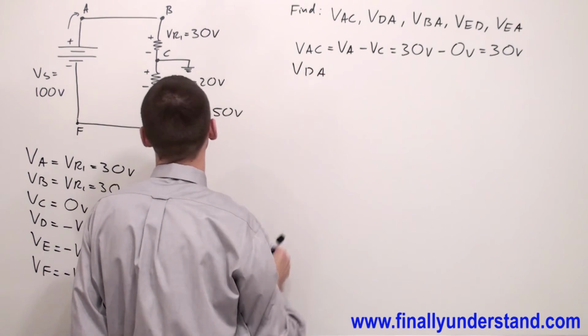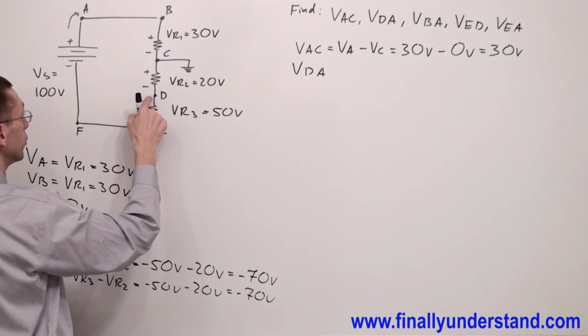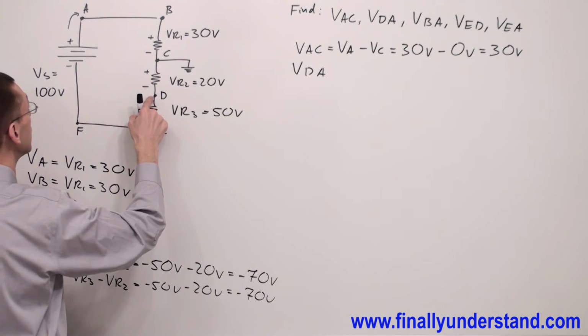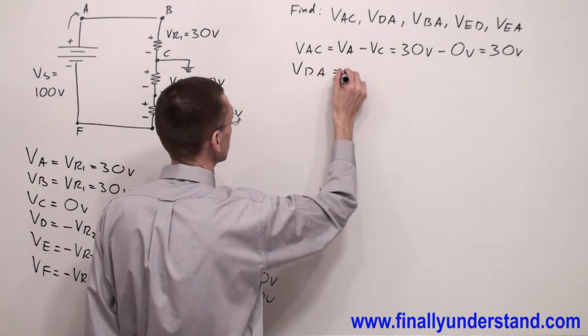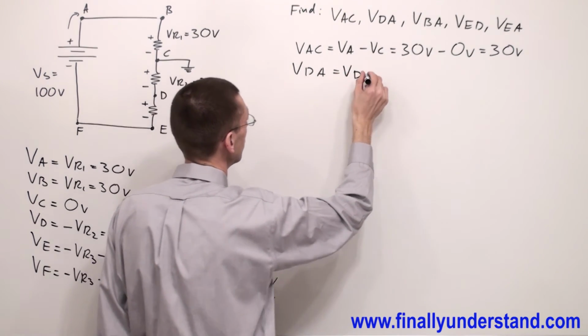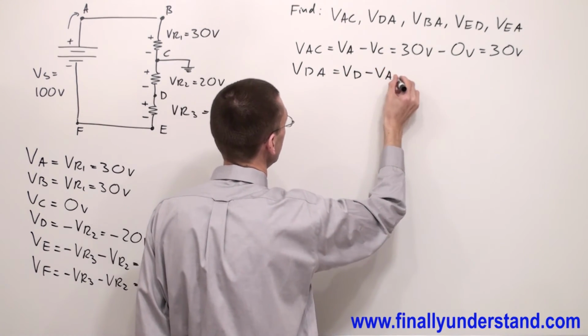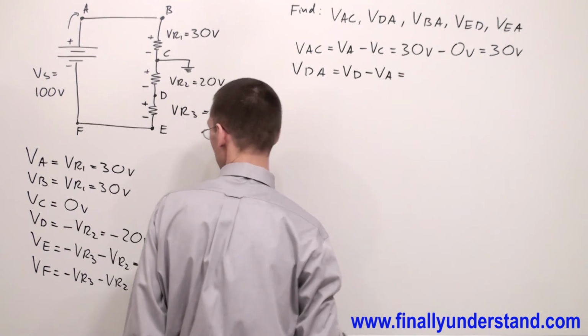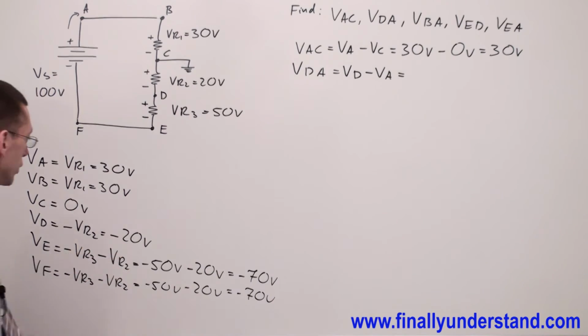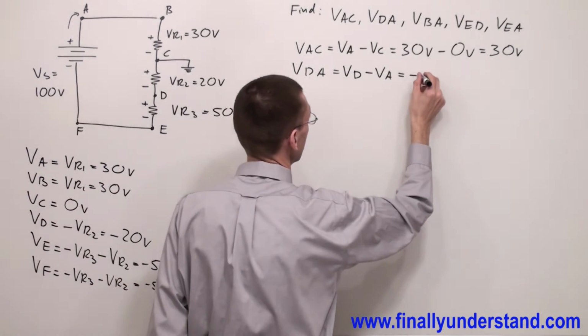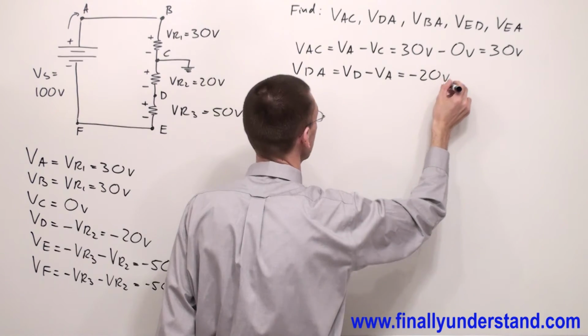VDA, the voltage between this point and this point. This is nothing else but VD minus VA. VD we said is negative 20 volts.